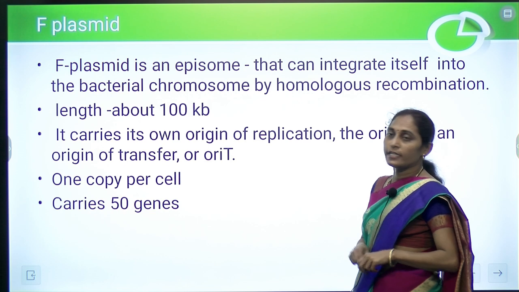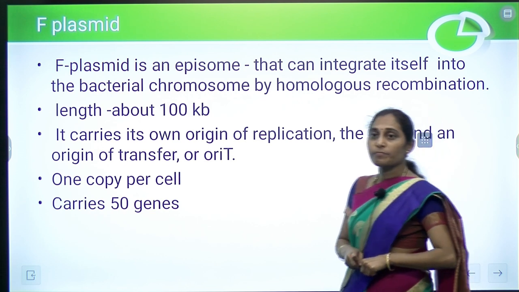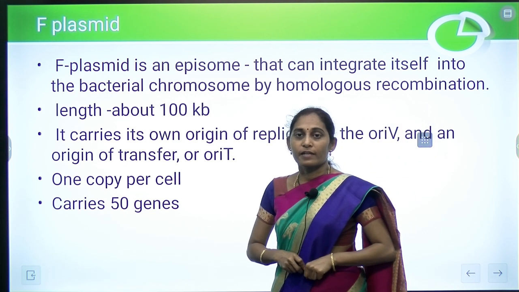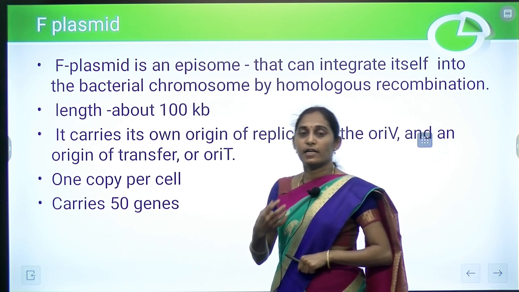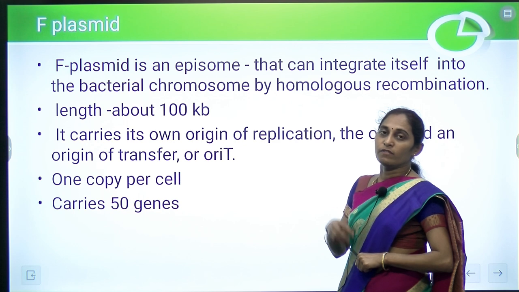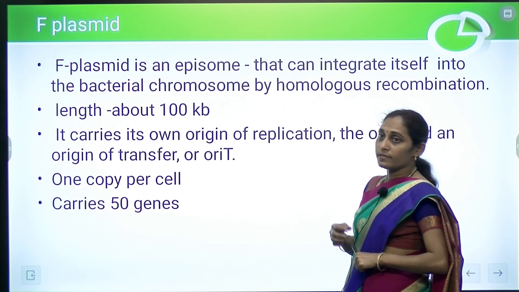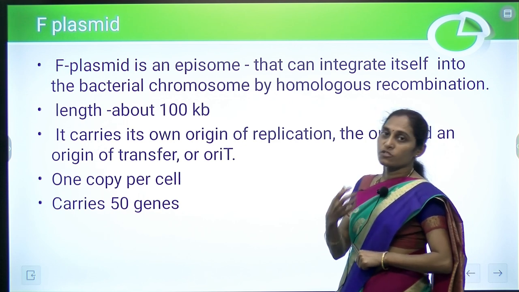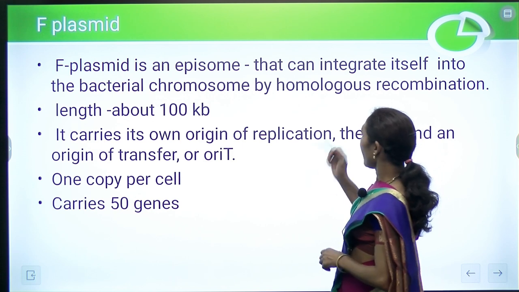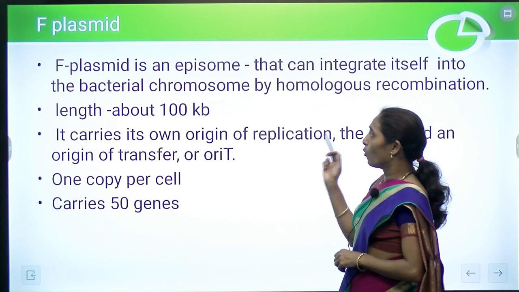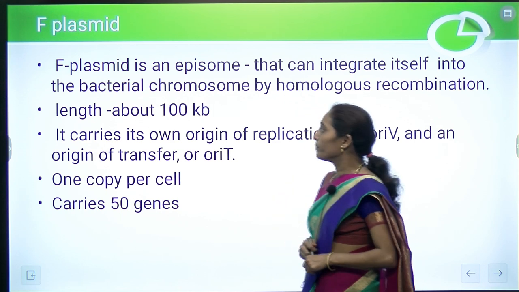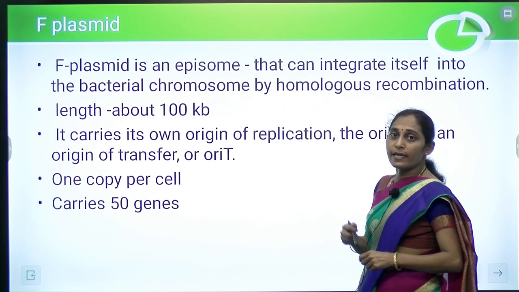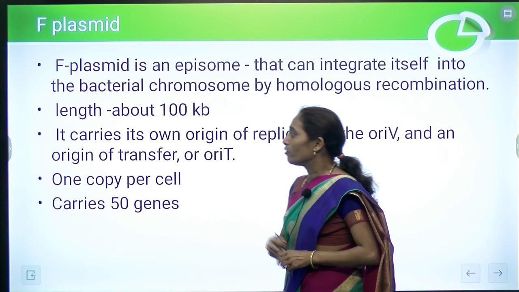Let us see the F plasmid in detail. The F plasmid is an episome, that means an extra chromosomal DNA which is double stranded, circular in nature and a self replicating structure. It can integrate on its own into the bacterial chromosome by homologous recombination, and its length may be about 100 kilobases.